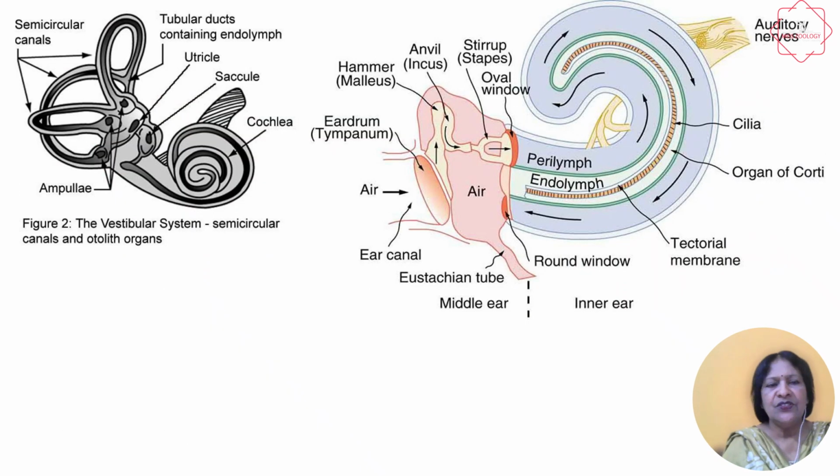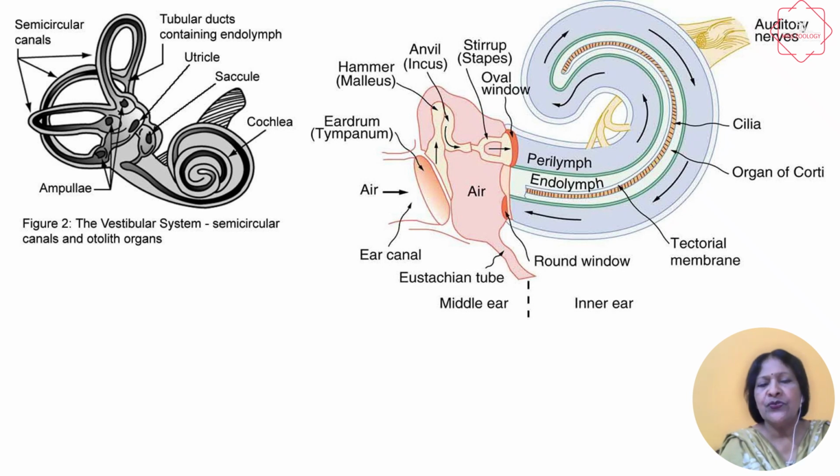Now, this is an overview of the different parts of the inner ear, showing the transmission of the sound waves and the change of these vibrations into electrical waves for further interpretation through the brain, where sound waves come into the ear from the external as well as the middle ear.